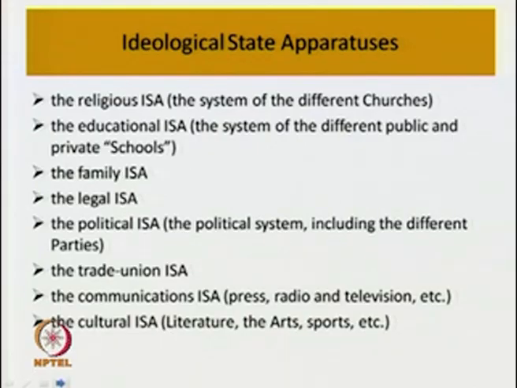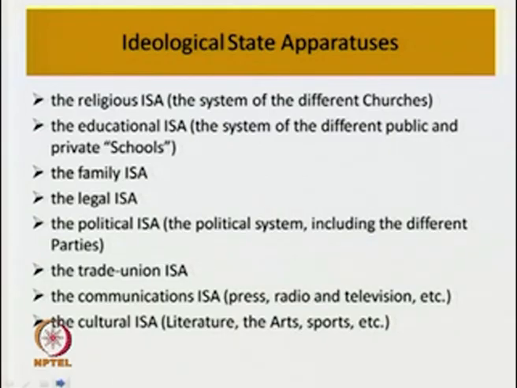So religion is also seen as an ideological form, and the various religious institutions are the apparatuses or instruments through which certain ideologies are sought to be distributed in society as desirable ideologies.